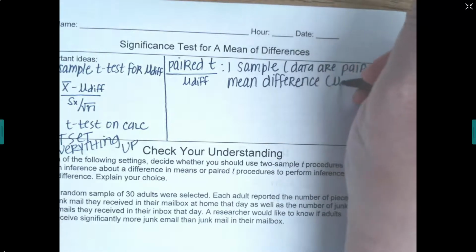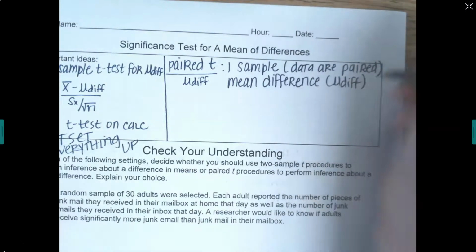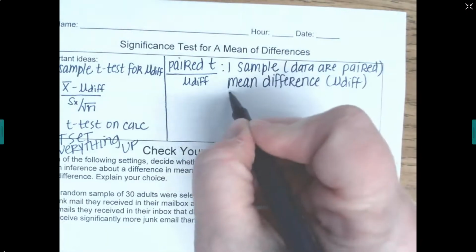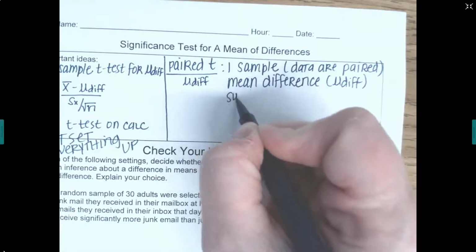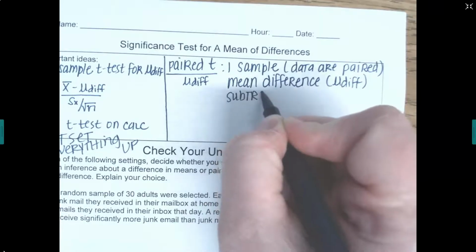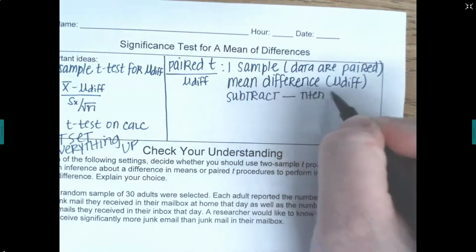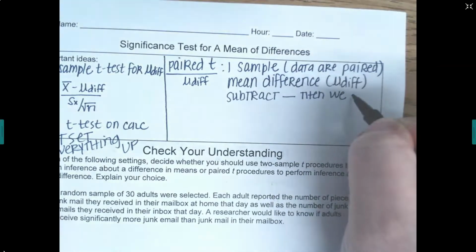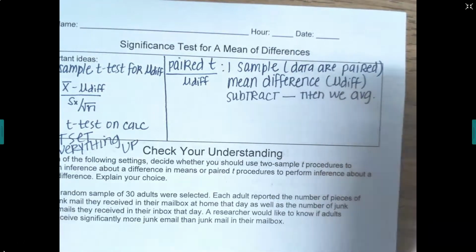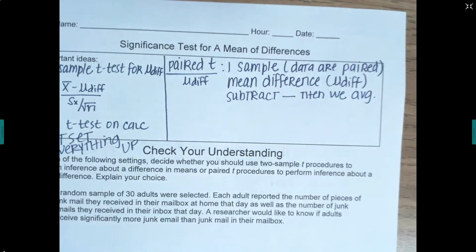That's the mu diff. And what we do is we subtract the groups, then we average. So we're averaging the results of the subtraction.